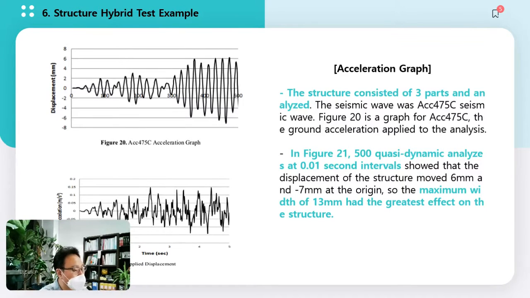In figure 21, 500 step dynamic analysis at 0.01 second intervals shows that the displacement of the structure moves 6 mm and minus 7 mm at the origin. So the maximum width of 13 mm has the greatest effect on the structure.